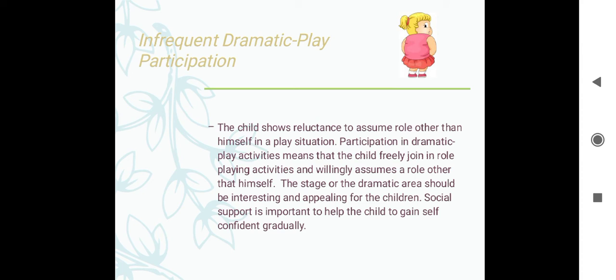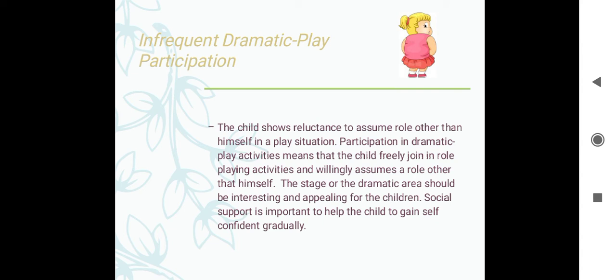Jadi children kebiasaannya tidak ada masalah, right? Dia akan merasa seronok. Tapi kanak-kanak yang kurang melibatkan diri, dia sebenarnya menunjukkan yang dia tidak mahu participate, tidak mahu memainkan peranan, tidak mahu membantu diri menyerlahkan sifat-sifat kepimpinan, right?